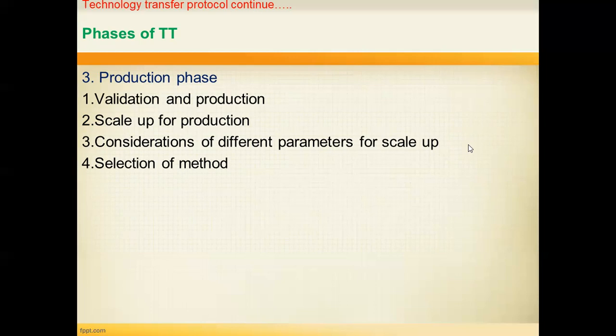Validation is nothing but determining the predetermined specifications and the qualification. So the responsibility is associated with the R&D department, and they have to carry out that validation. In the validation, they have to perform the performance qualification, cleaning validation, and process validation, which is unique to the particular drug.